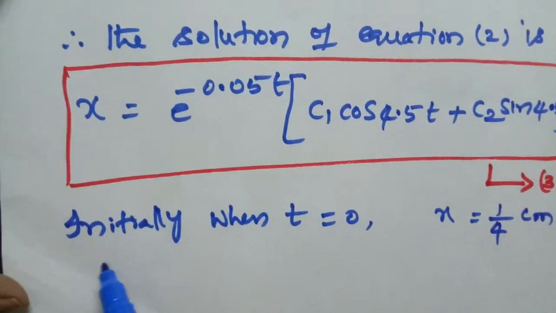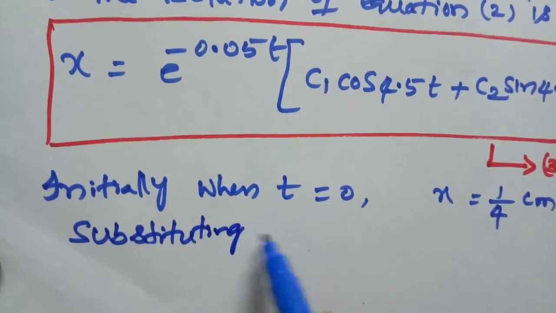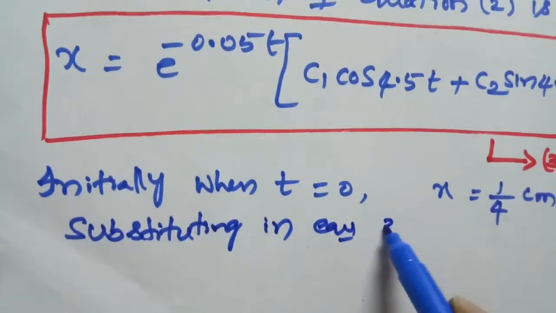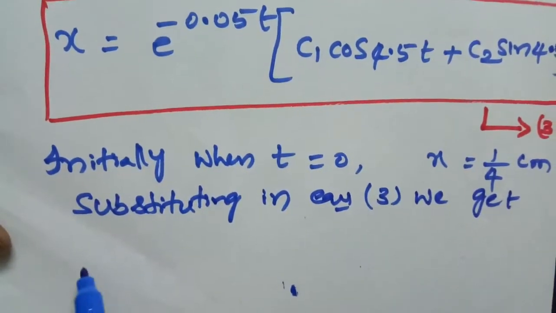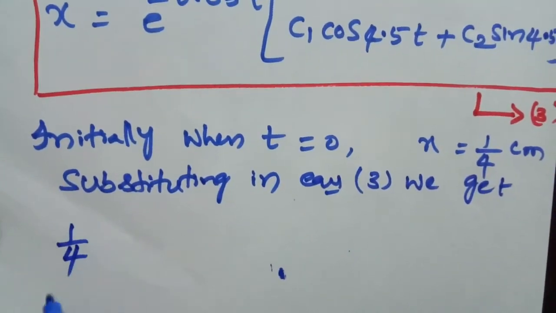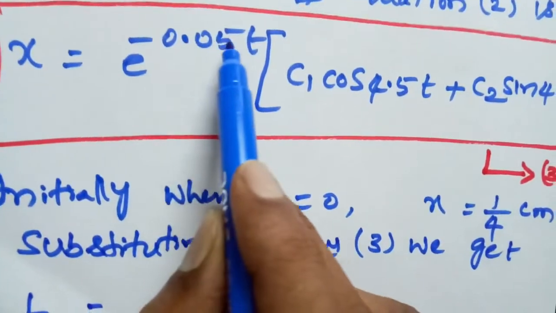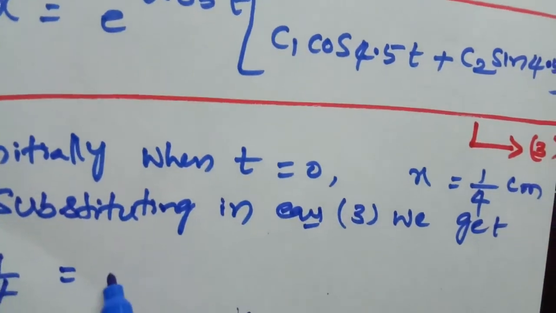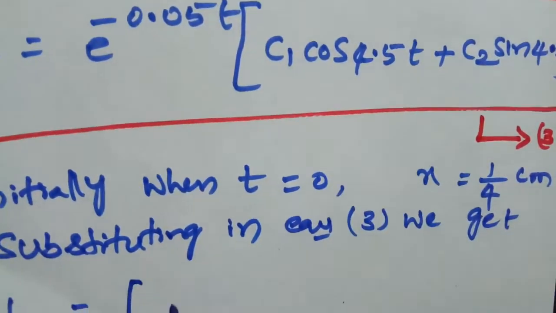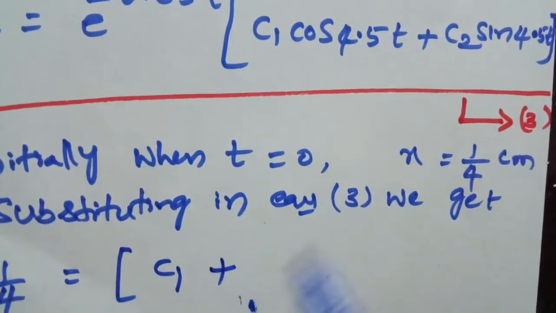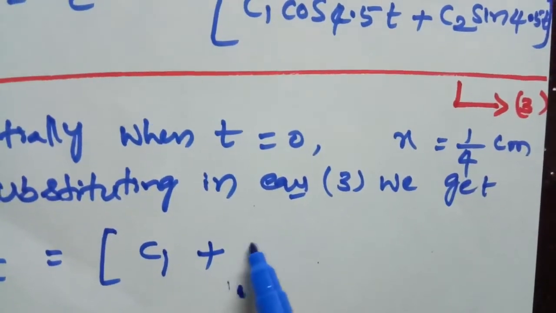Substituting in equation 3, we get on the left hand side 1 by 4 is equal to e power minus 0.05 into 0, e power 0 is 1, into c1 cos of 0, that is c1, plus c2 into sine of 4.5 into 0, sine 0 is 0.